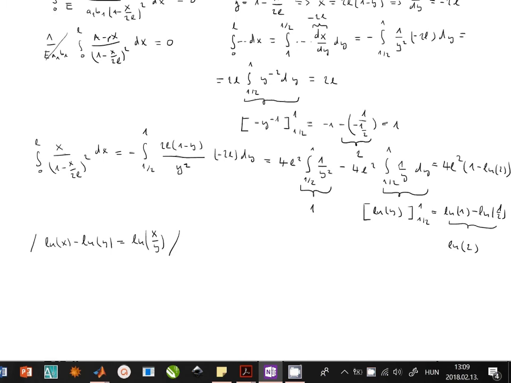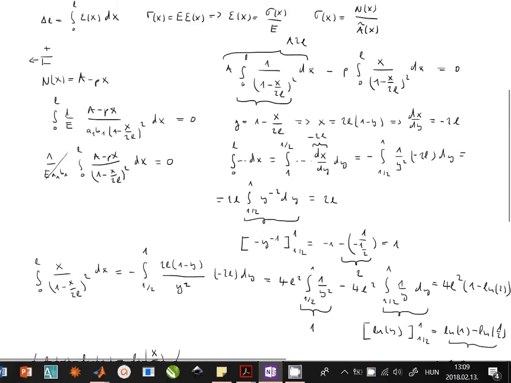Okay, we can bring this back to our original equation, and then we have an equation for A. So this is 4L squared times P times (1 minus natural logarithm 2).